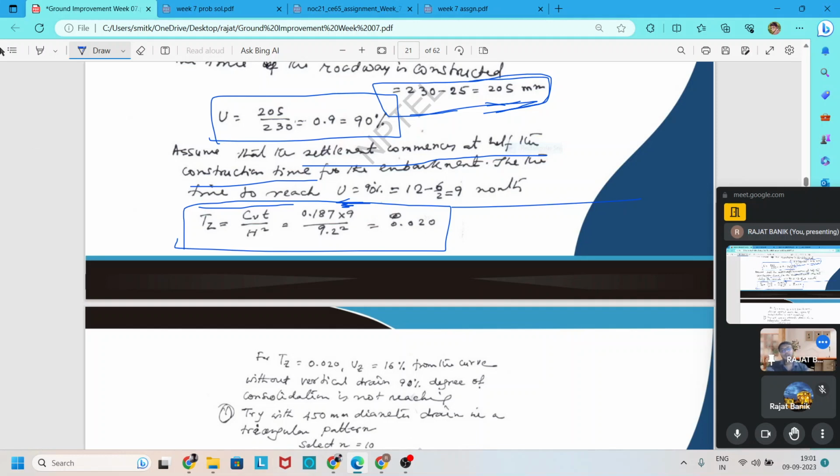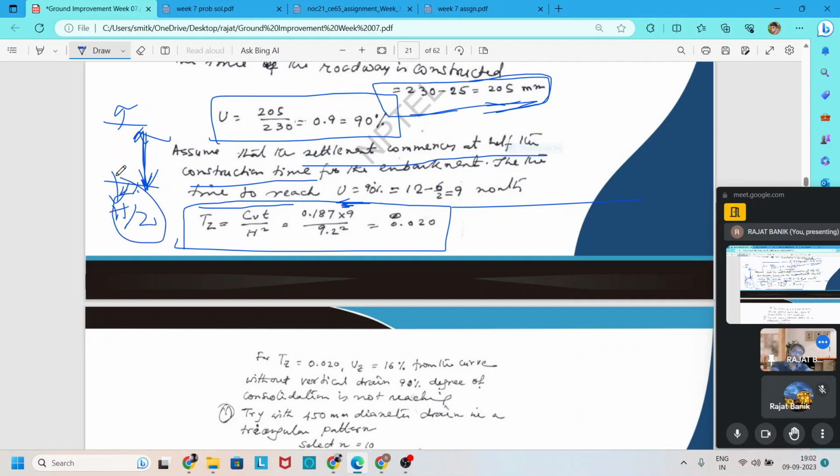H is the thickness of the compressible layer. Remember, if drainage of the compressible layer is happening in one direction, then the drainage path should be the total thickness of the compressible layer. But if the drainage is happening in both directions, at the top and also at the bottom, then the drainage path is reduced to H by 2.